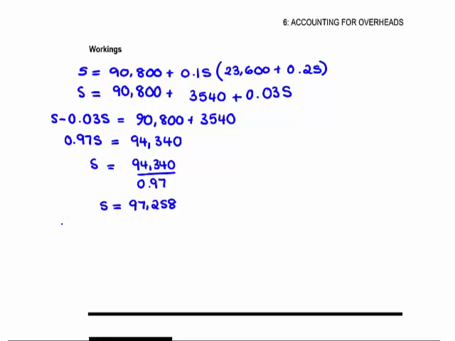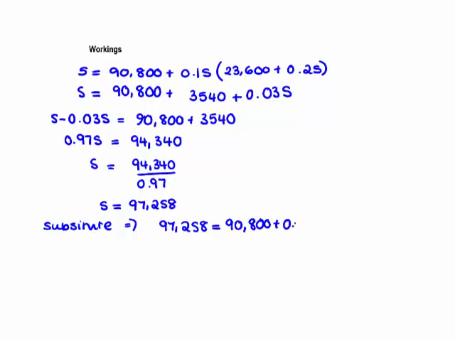We need a value for C, so we can substitute that value for S into the equation, and so we've got $97,258 is equal to 90,800 plus 0.15 C. 0.15 C is therefore equal to 97,258 minus 90,800.